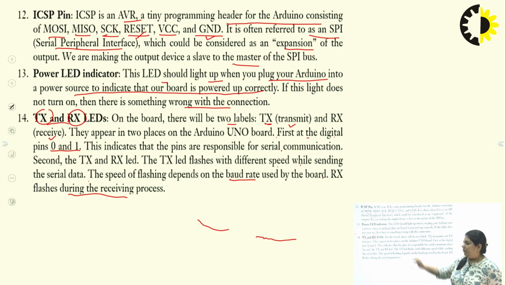That means it will be 1. Whenever it is transmitting the data, it will be 0, and the transmit light will flash accordingly. According to the baud rate for transmitting the data, the light will glow. Whenever the baud rate is more, the light will glow at a fast rate. Whenever the baud rate is less, the light will glow at a slow rate.